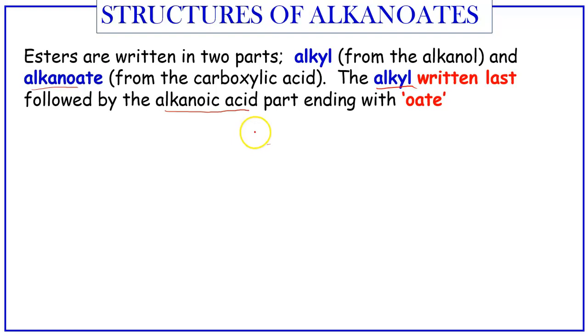So in drawing the structure, make sure the alkanol part comes last and the carboxylic part comes first. In naming, I will tell you how to name it. Just hold on, we shall reach there.